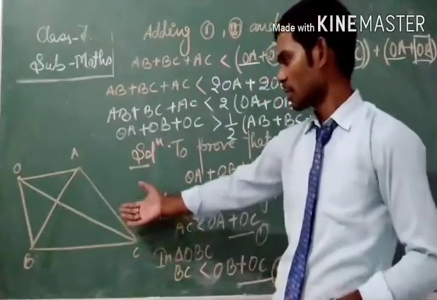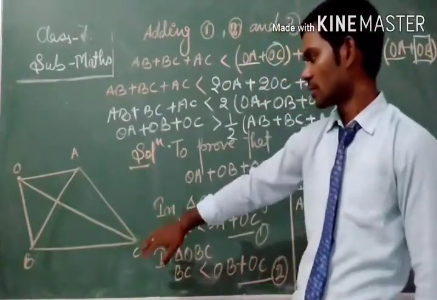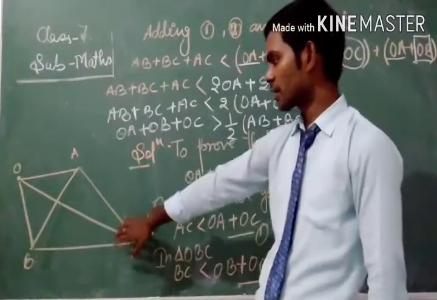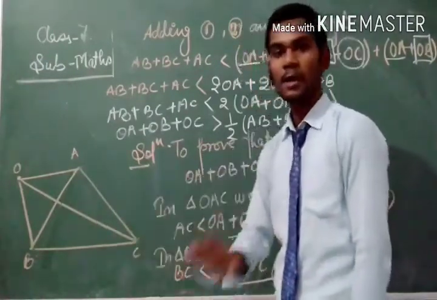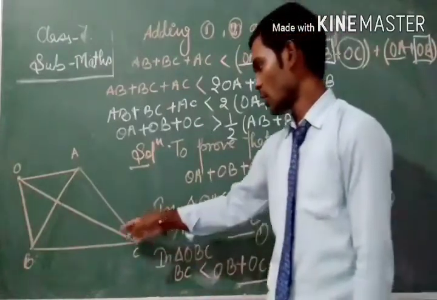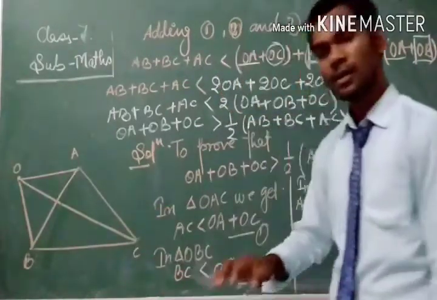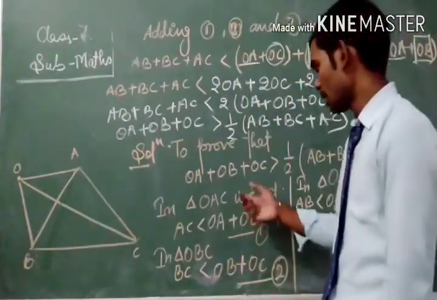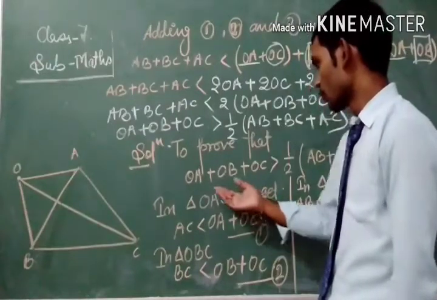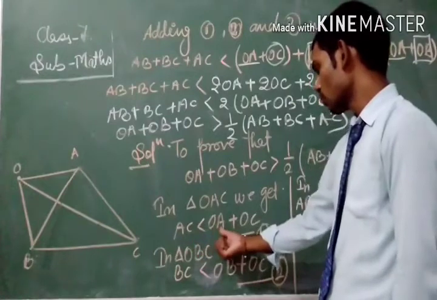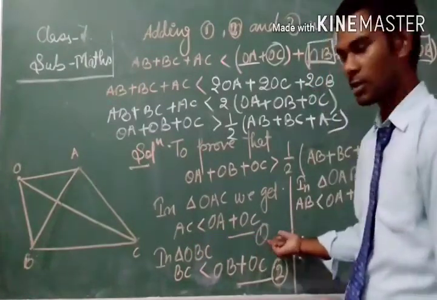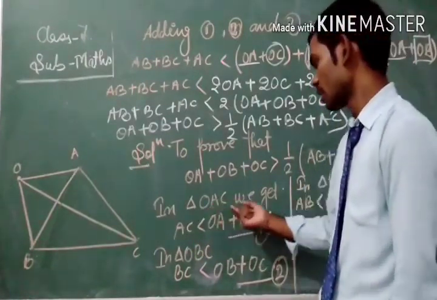We get three triangles, and for all triangles we apply property 3. We get AC is less than OA plus OC, equation 1 from triangle OAC.